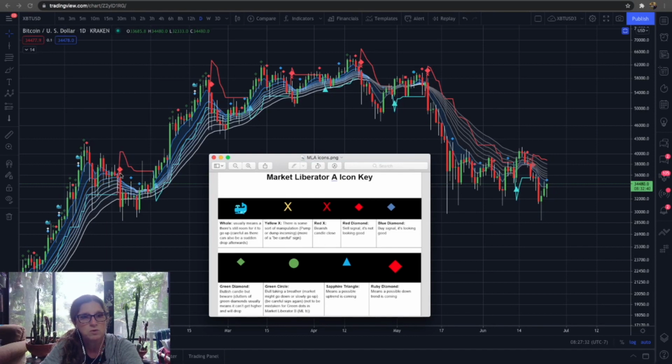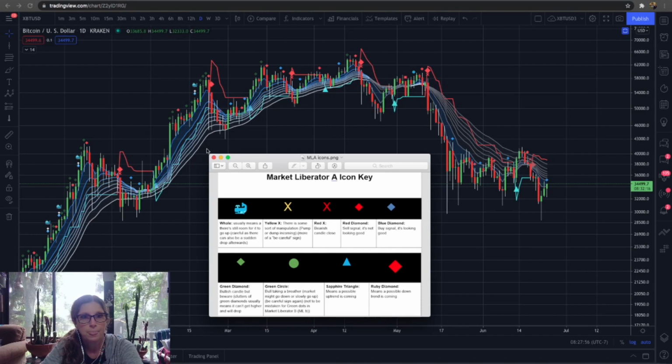So every time you see this red X, we have a bearish engulfing. Right here, bearish engulfing. Right here, bearish engulfing. Then we have red diamonds, which are sell signals. Basically it means look out, that it's not looking good.